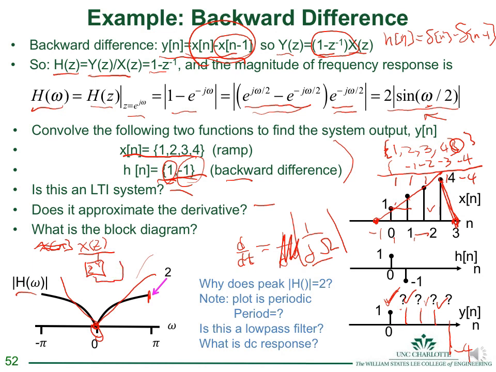Since I subtract the delayed version, my weight would be minus 1 on the delayed input side. And so I can draw the block diagram straight from the Z transform.